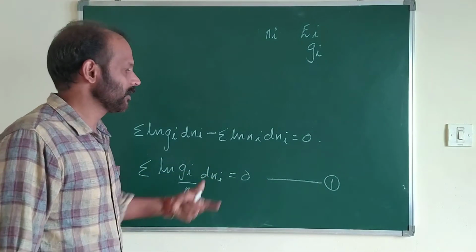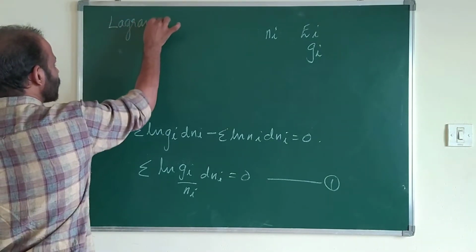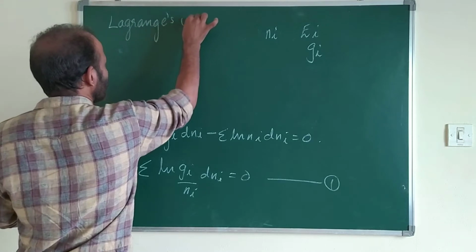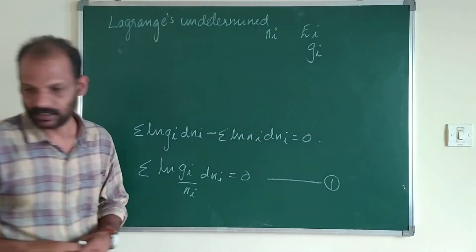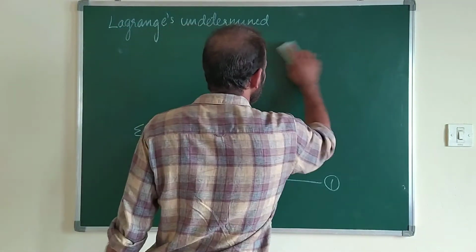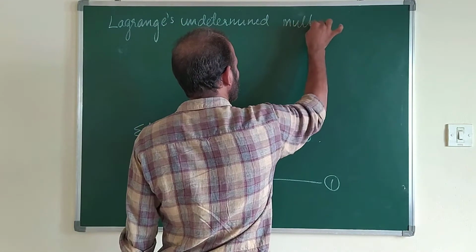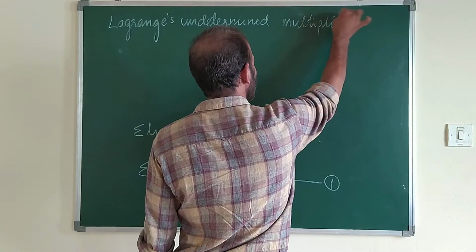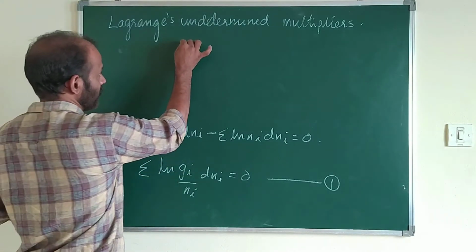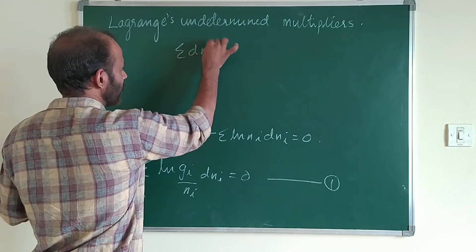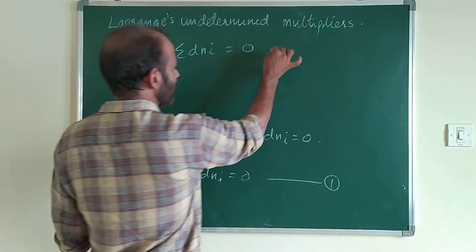So in order to solve this equation, we are using a method called Lagrange's undetermined multipliers. That is the method we are using. And for this, we are taking the equation that is sigma dni is equal to 0. That's our equation number 2.